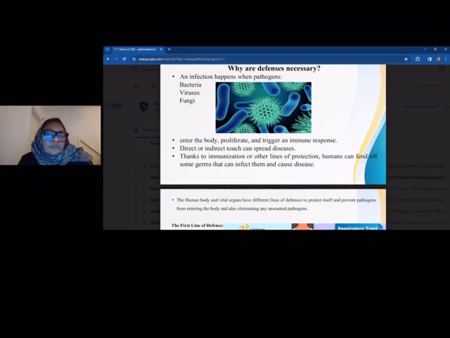There are different types of transmission. We have direct contact, indirect contact, and insect bites. Direct contact is when someone touches someone that has an infection or disease directly, while indirect is when you contact it through something an infected person has touched, and you get an infection from such a person.